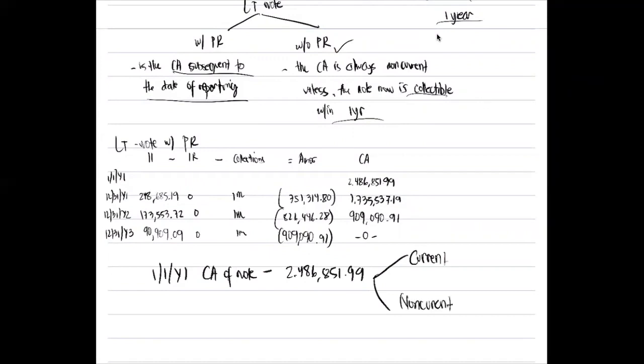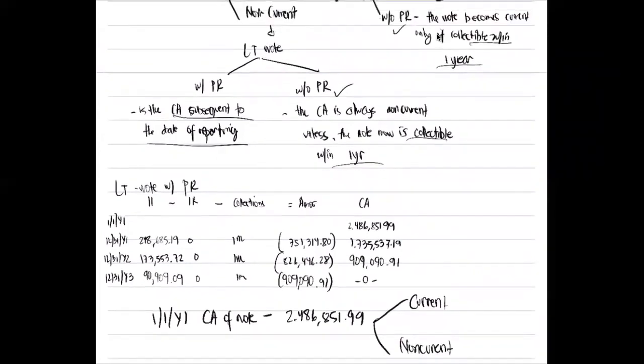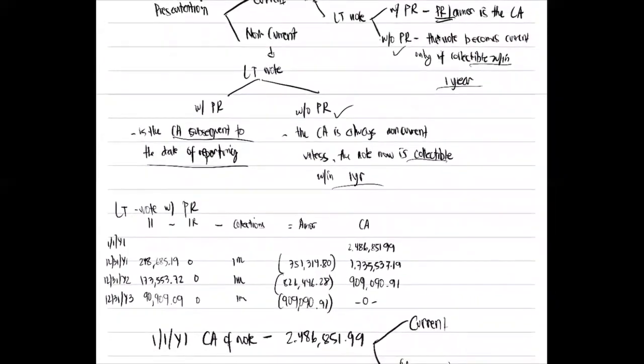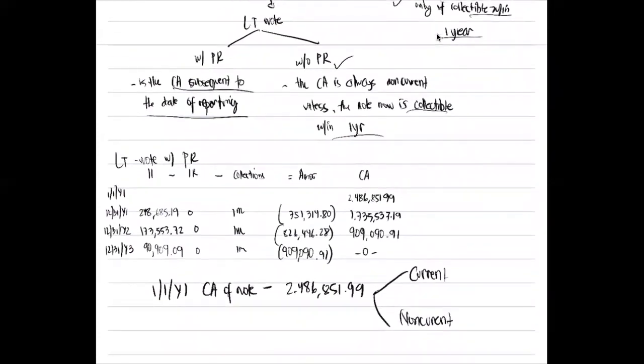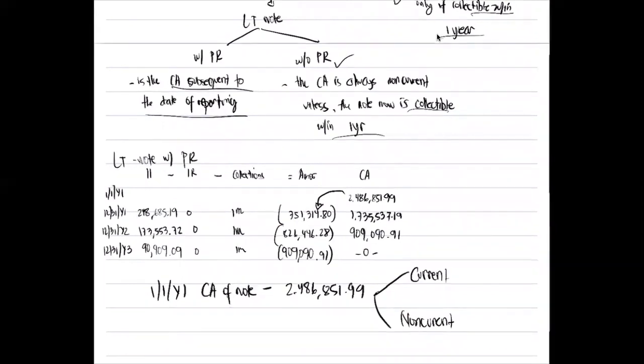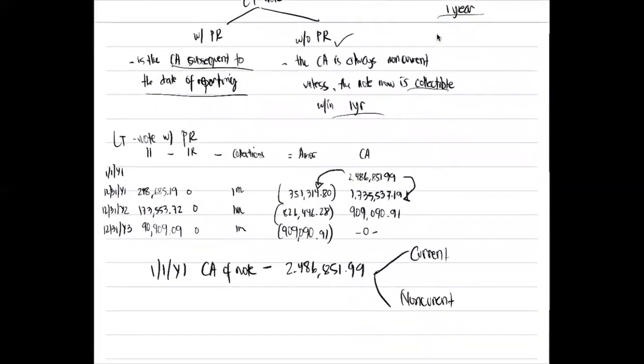Because guys, this is a with principal repayment. We said that the current portion is the amortization and the non-current portion is the carrying amount subsequent to date of reporting. So if that is 2,486, what is the amortization? This one, right? If this is the date of reporting, this is our carrying amount subsequent to date of reporting.